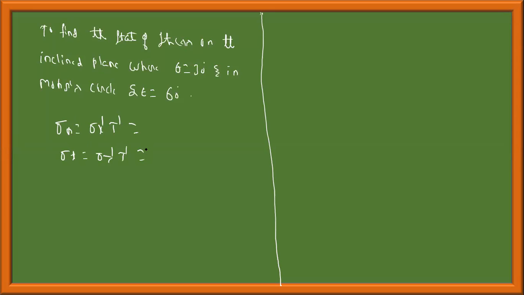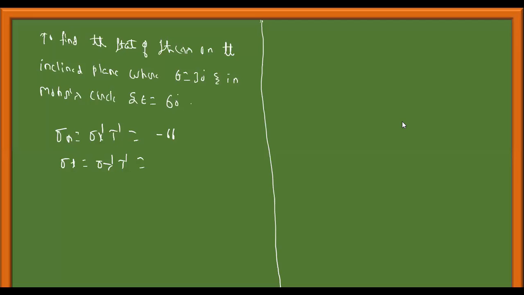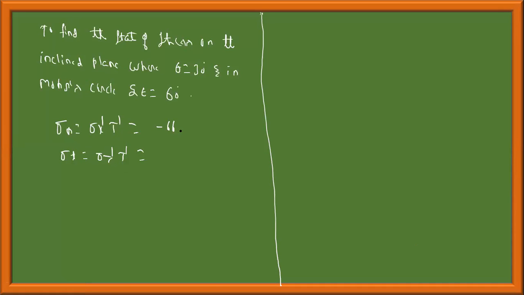Sigma x dash is on the negative side, minus 66, 33.4; sigma y dash is minus 85, 84.8.